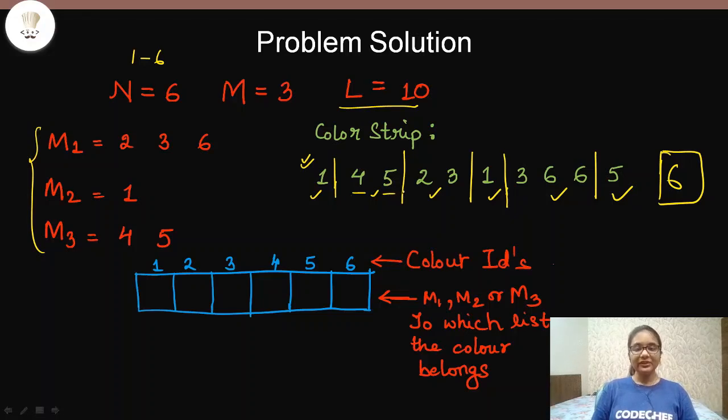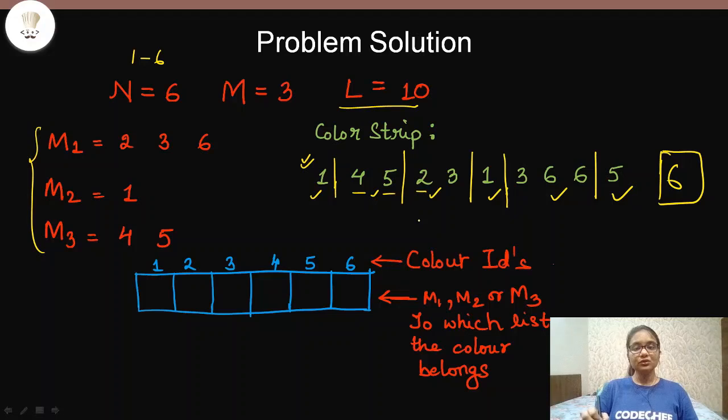But now if after 5 we check for 2, then what's happening is that 2 belongs to a different list. So that is why a new segment is being formed here. So whenever we see that a color belongs to a different list than its previous color, in that case a new segment will be formed. This is how the implementation has to be done.